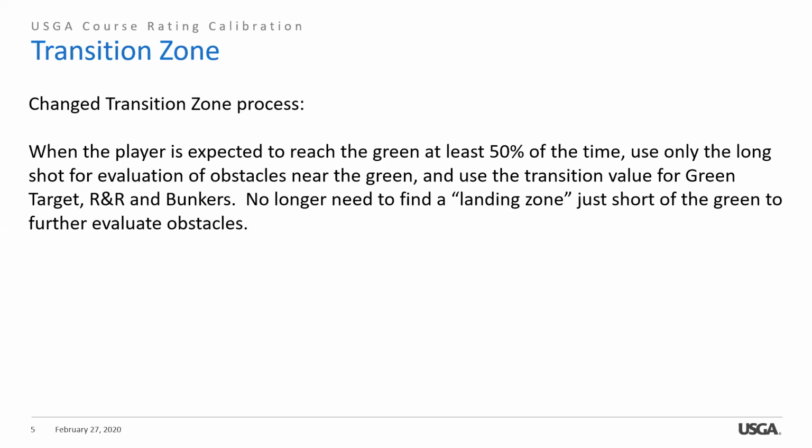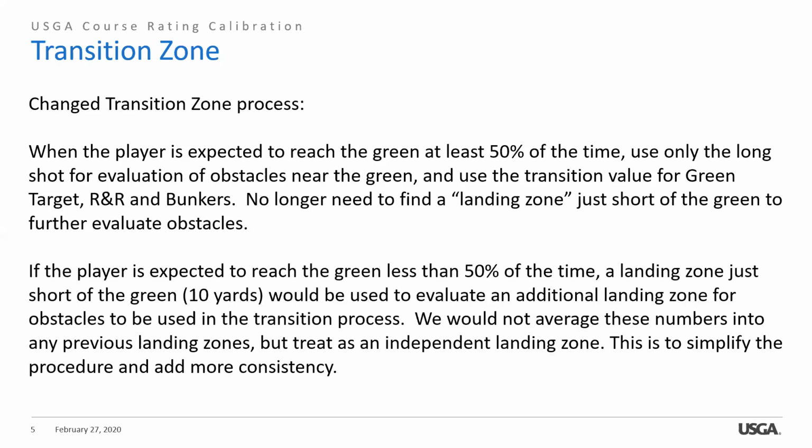Some things to look at that are reasons you might get there more often than not would be, is the shot downhill? Is there going to be an area where the ball lands that would propel it to get to the green more often? Those are things that we want to look at to help determine if it's going to be 50% of the time.